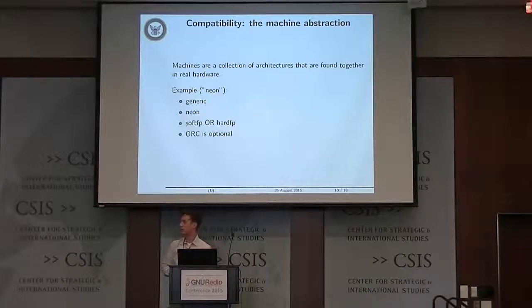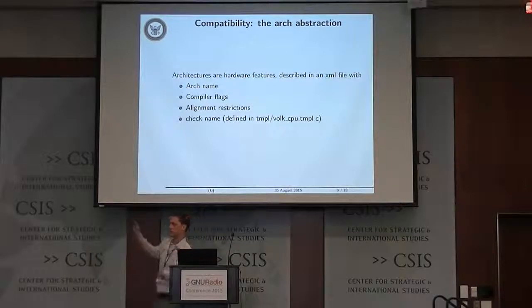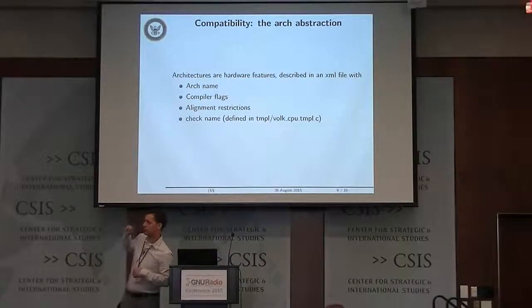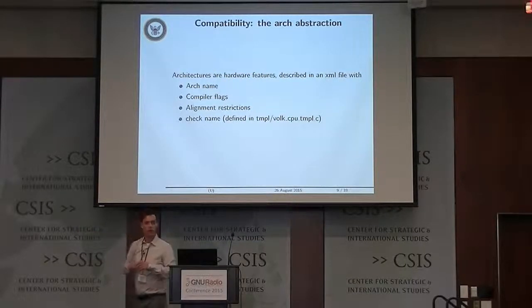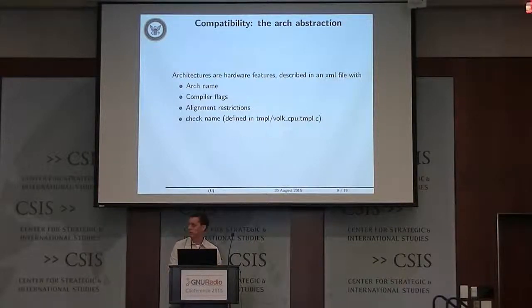Actually, let me go back here for a second. This is sort of a misnomer, so I want to take a tangent here. We call it the architecture because that's the CPU term for it, but it's actually a little more generic than that. I was talking with someone at work recently, and he said Volk was missing a lot of functions that he needed. So instead, he wrote 500 functions to help him port MATLAB code to C, and he used GSL and something else and something else.